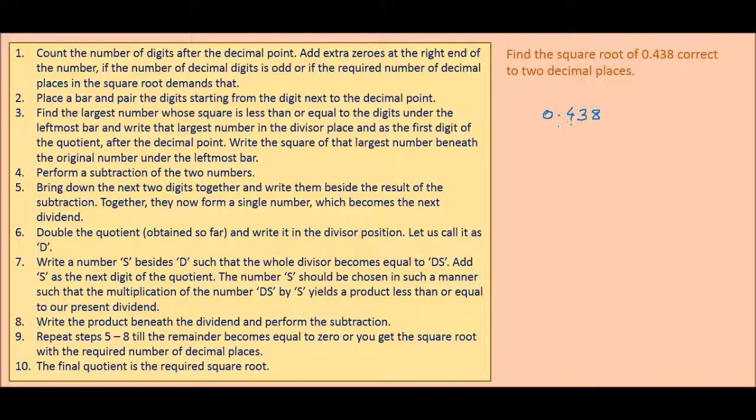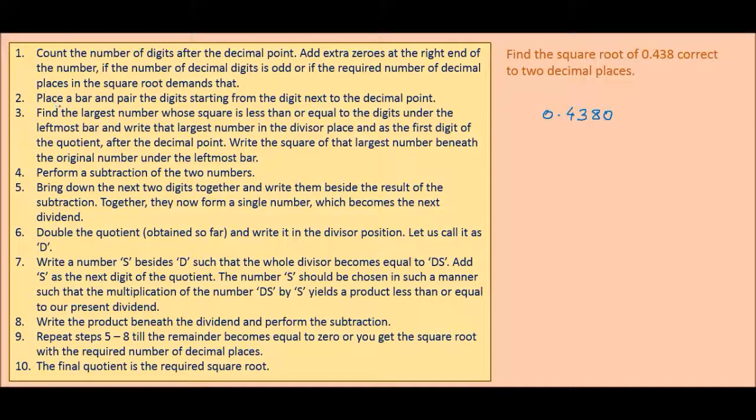So the number of decimal digits is odd, and we have to add an extra 0 to make it even. Now we have 4 decimal digits after the decimal point. I'll be coming to this part if the required number of decimal places in the square root demands that afterwards.